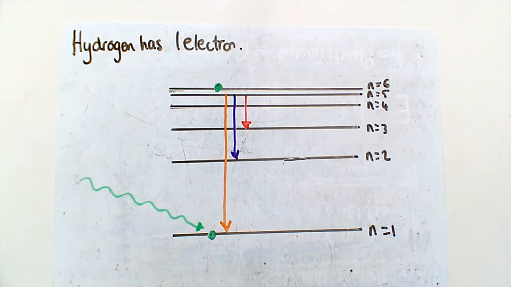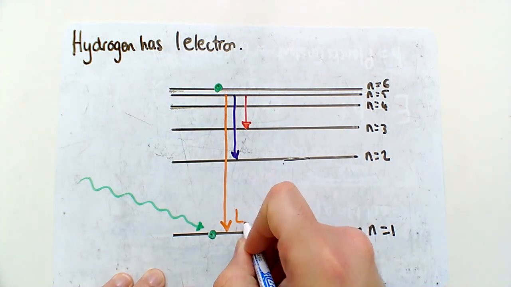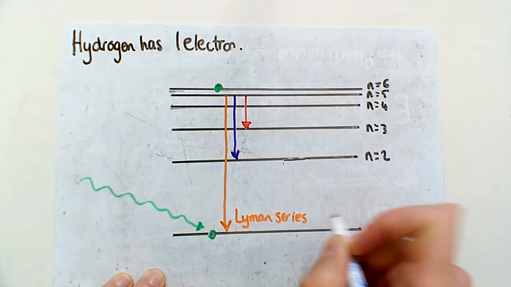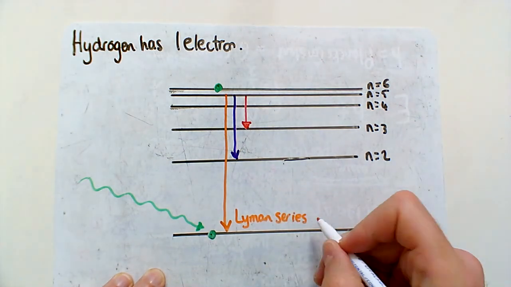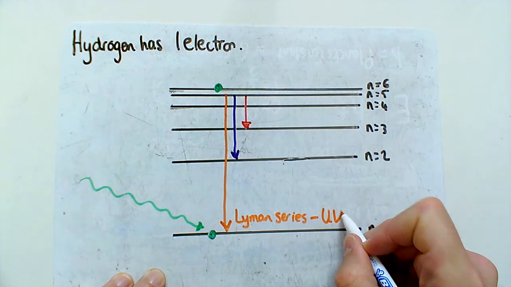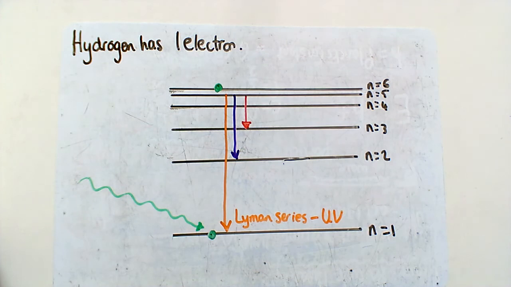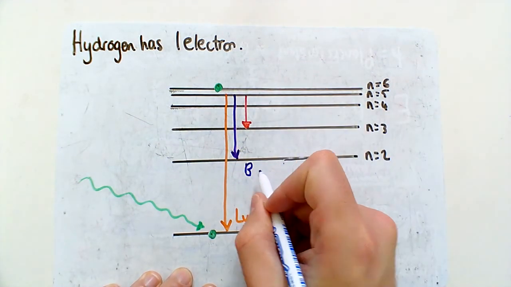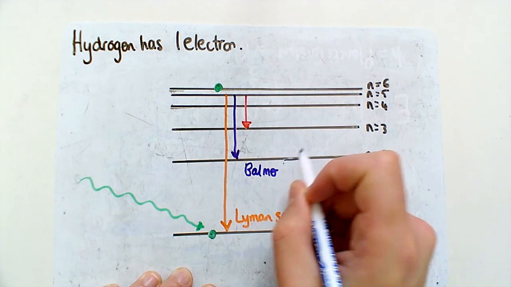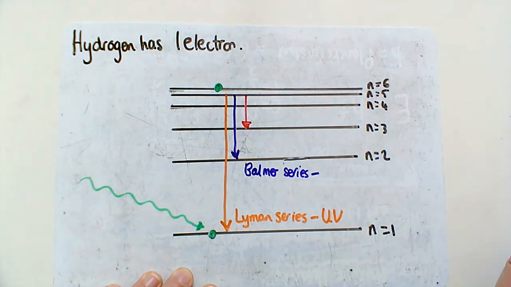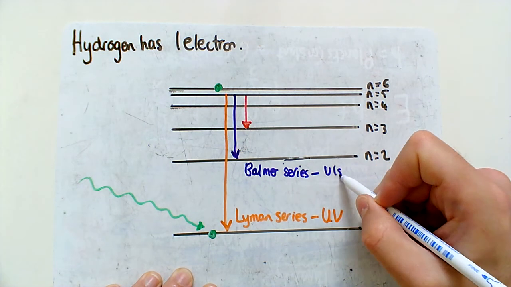For hydrogen, the series of lines that gets produced whenever they fall to n equals 1 is called the Lyman series. In the Lyman series, all of the wavelengths fall in the UV region. If the electrons fall to n equals 2, that's the Balmer series, and most of them fall in visible.